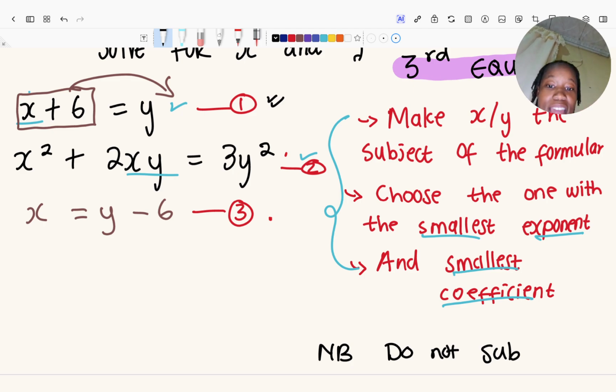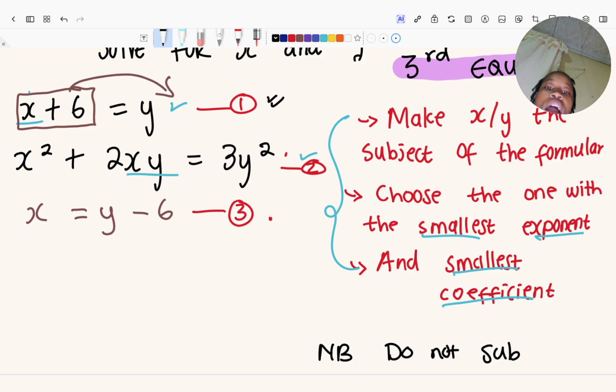Okay, let me just repeat that. I feel like it's better to just say it rather than writing, because I'm going to write wrong English. Anyways, I said you are not going to go back to the equation that you used to form the third equation, which means I'm not going back to the first equation. No matter how stranded I am, you're not going to go back. So I'm done with the first equation. That's why I just did the 2 ticks.